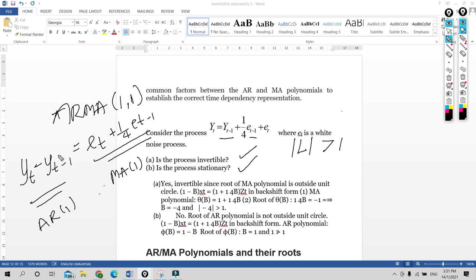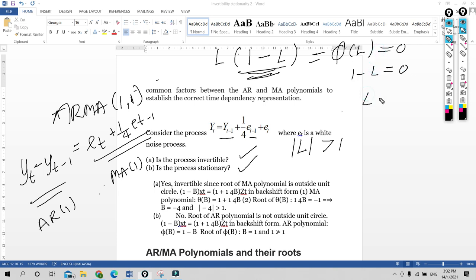For this case, the lag operator for AR(1) can be written as 1 minus phi L raised to 1. If you solve this part, put it equal to theta(L) for example, and set it equal to 0, so 1 minus phi L is equal to 0. In other words, L is equal to 1.